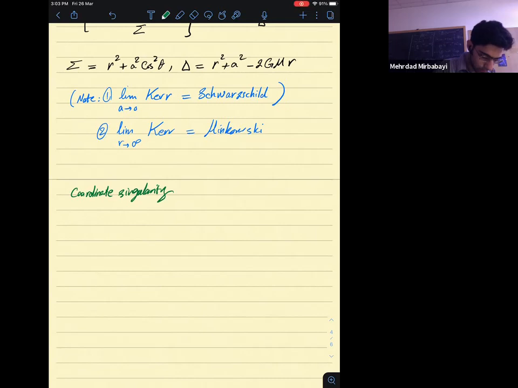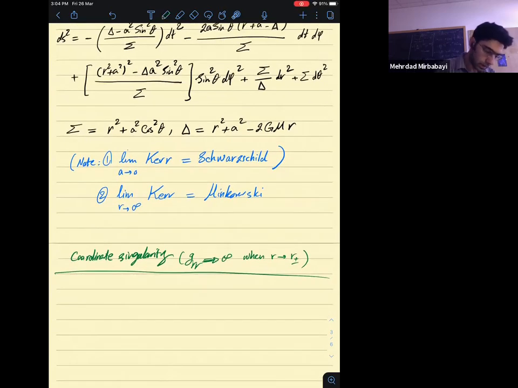And that coordinate singularity is similar to the case of Schwarzschild. Remember that in the Schwarzschild geometry, g_rr would diverge at r equals r_g, the gravitational radius. Here there are two radii at which g_rr diverges, and we will see that it is actually a horizon.